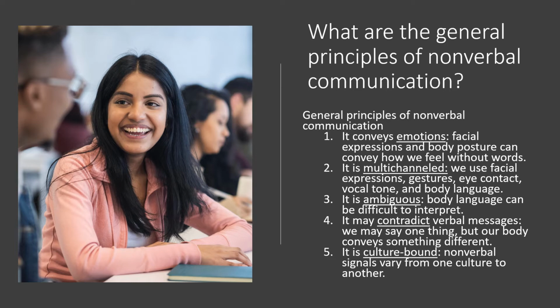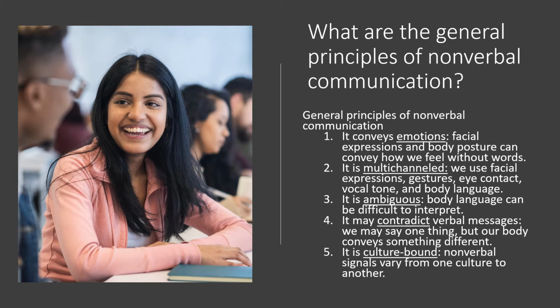And sometimes body language and vocal tone and gestures and eye contact may actually contradict verbal messages. So we might say one thing, but our body conveys something very different. And we'll look at that in particular when it comes to dishonesty. But there are other areas where there can be contradiction. And then again, just like I mentioned a moment ago with ambiguity, it is culture bound.